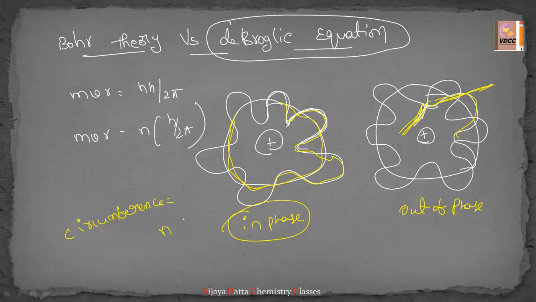Wavelength is represented by lambda. So he took the circumference 2 pi r equal to n lambda.